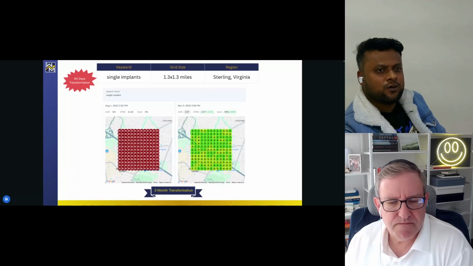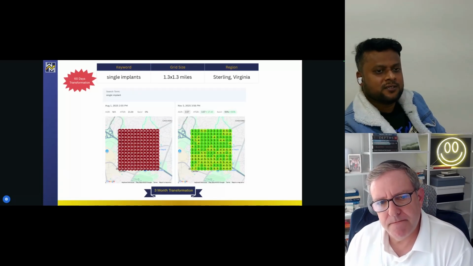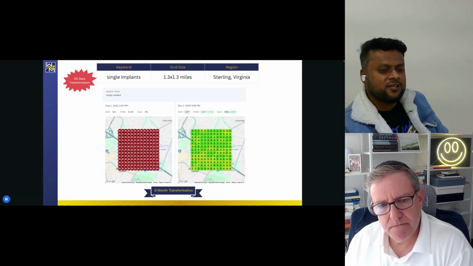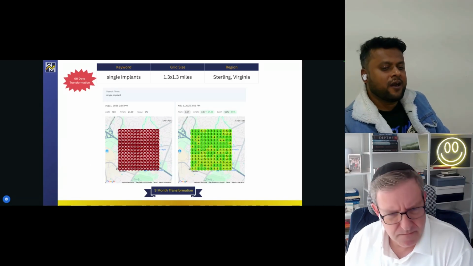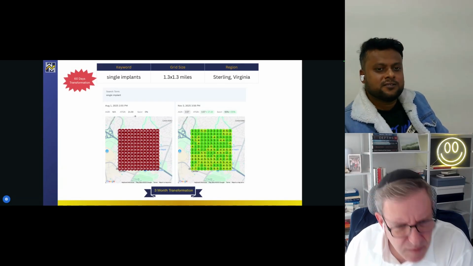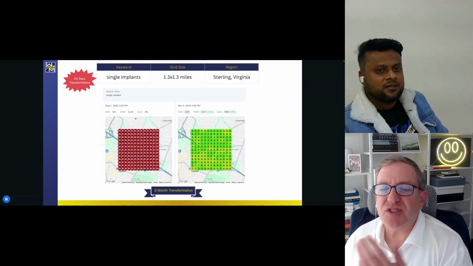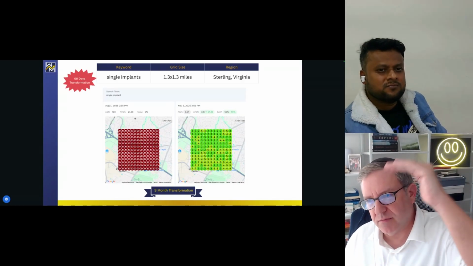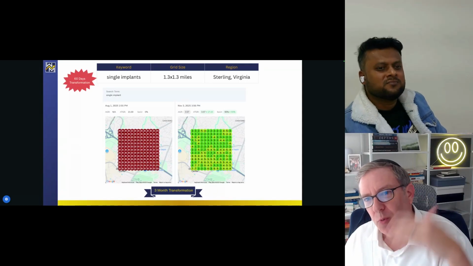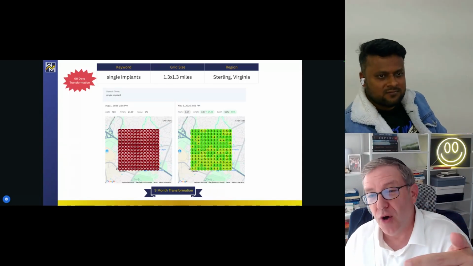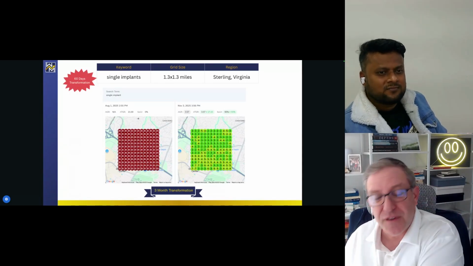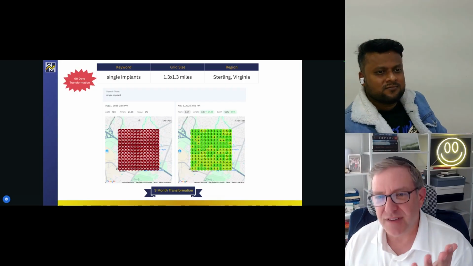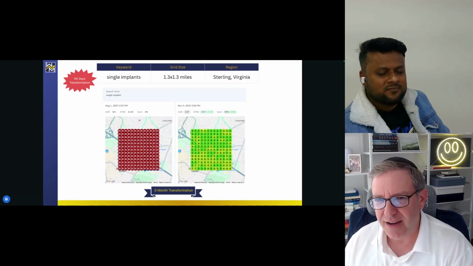Then we have got this one for single implants. And this dentist right here was nowhere to be found for single implants. Yeah. And so it says 20. It says 20 because we only go to the 20th listing. We don't go any further because it's already so low that if he's 20th or 30th or 50th, he's just as invisible as he is at 20, right?